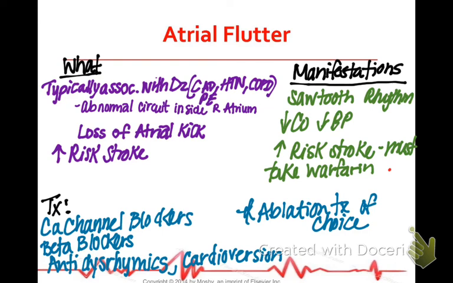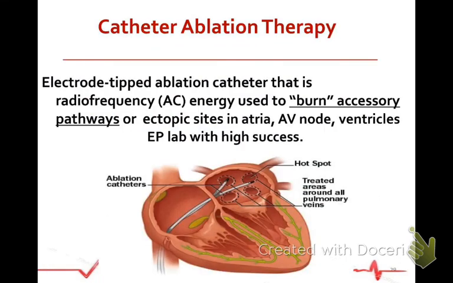But of course, they're always going to try meds first, right? That's typical, unless they're unstable, and then they might do something different. But this is a procedure. Ablation is a procedure, so they've got to be pretty stable to take them up to the cath lab, to the EP lab. So of course, they're going to try medicines. And it's usually like, okay, I'm tired of taking all these medicines, I want to try something else, so they'll try the ablation. What is ablation? It's just an electro-tipped ablation catheter.